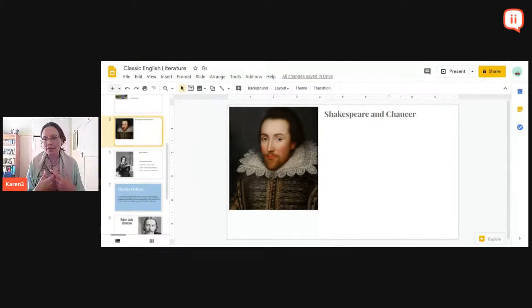He wrote about lots of different things, but not necessarily the politics of England, unless it was historical. So he focused on bringing the language alive, increasing people's vocabulary, but he just spoke about anything in his plays.